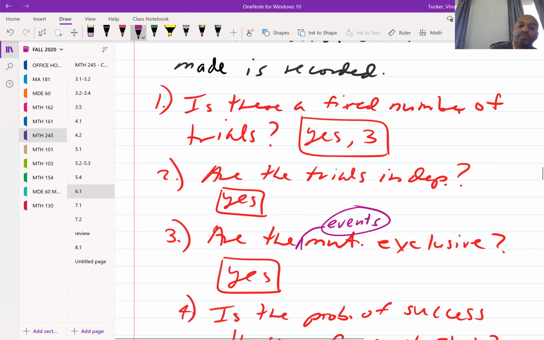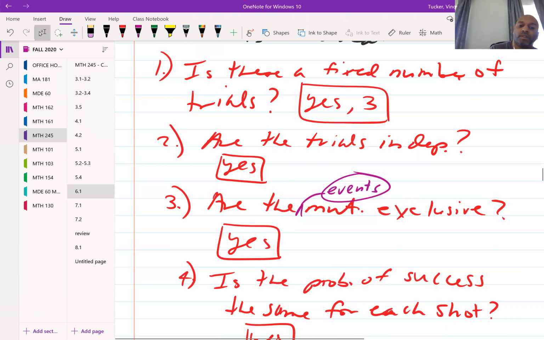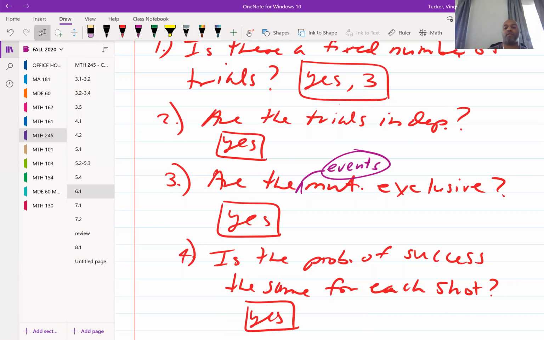All right. And then the last one is, is the probability of success the same for each shot? And the answer is yes, because the person is historically an 80% free throw shooter.